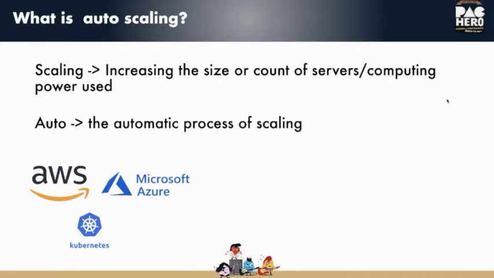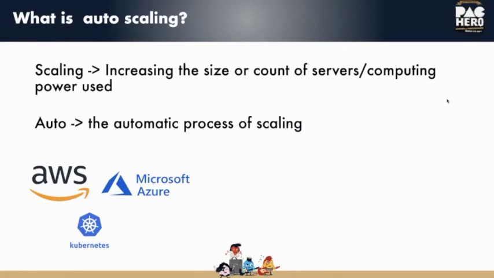And scaling is increasing or decreasing, but increasing is the most common, the size or count of servers or computing power used. So this can be more virtual machines, more application servers, or more CPU power or more memory. And combining those two, you get the automatic process of increasing or decreasing the size or count of your servers and computing power used.